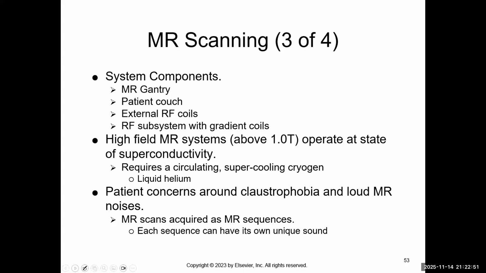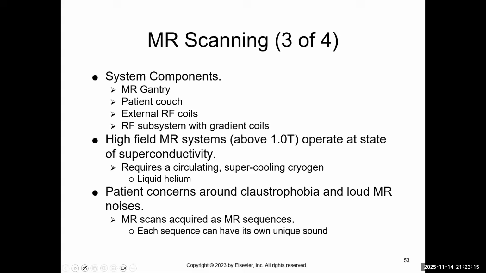All right. In terms of the actual fields, high field MRI machines, we're talking about things that are greater than 1 Tesla. Those scanners usually have superconductivity, meaning that they stay extremely cold, and they stay extremely cold using liquid helium. That's how we keep them cold.